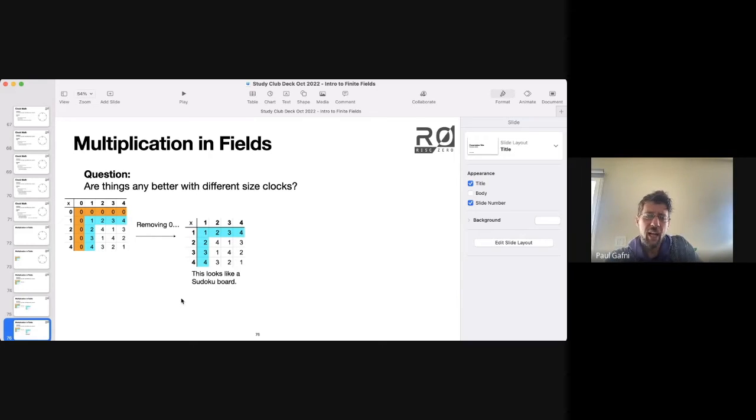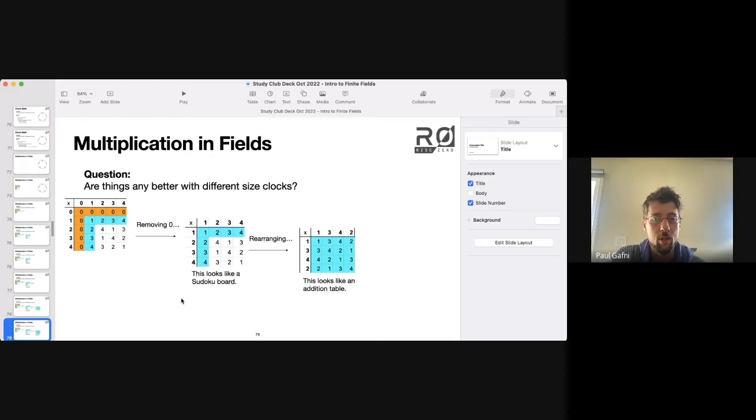And in fact, if I rearrange it, instead of writing it as 1, 2, 3, 4, if I instead write it as 1, 3, 4, 2, then it looks not only like a Sudoku board, but it actually looks just like an addition table now. If you look at the shape of an addition table, the diagonals line up in exactly the way they do here. This is not a coincidence.